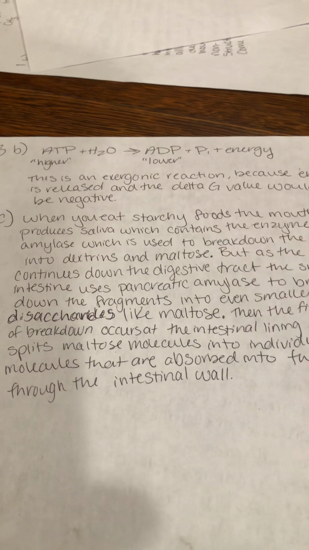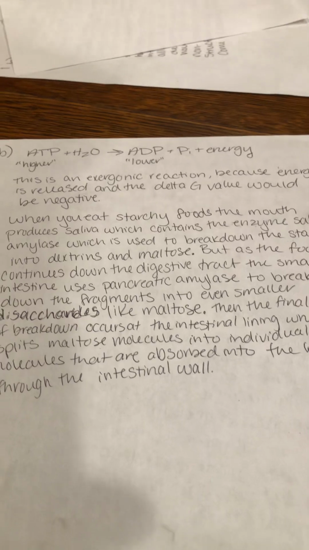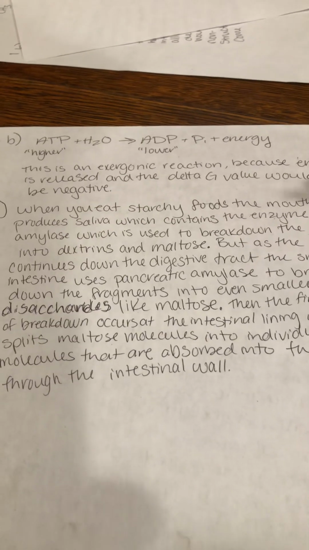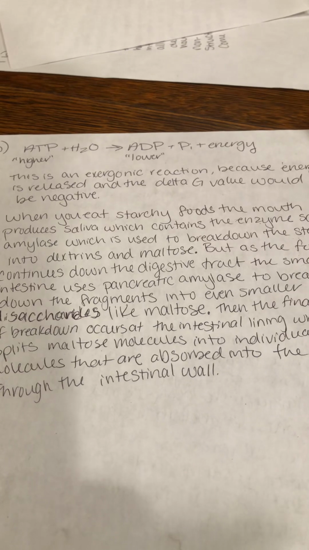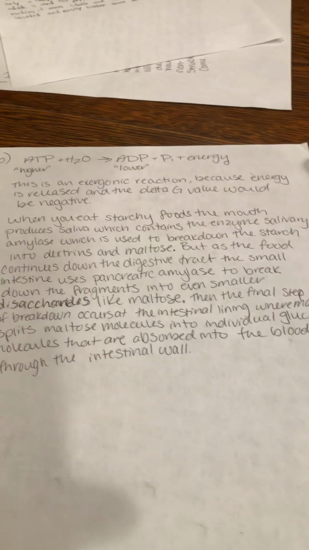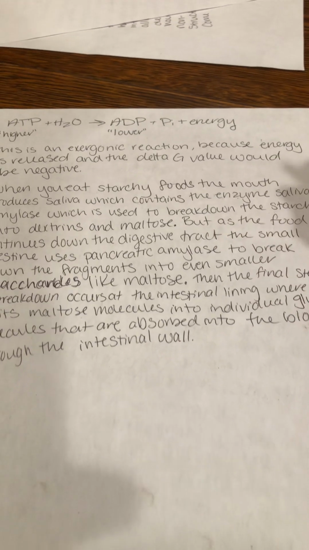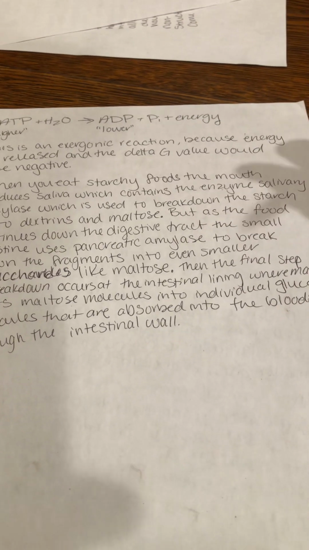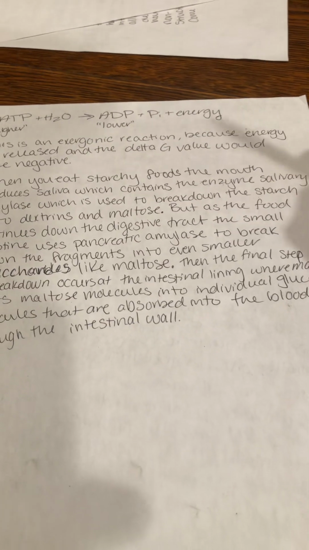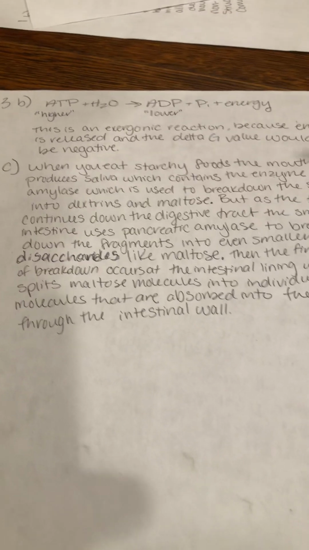But as the food continues down the digestive tract, the small intestine uses pancreatic amylase to break down the fragments into even smaller disaccharides like maltose. Then the final step of breaking down occurs in the intestinal lining, where maltase splits maltose molecules into individual glucose molecules that are absorbed into the bloodstream through the intestinal wall.